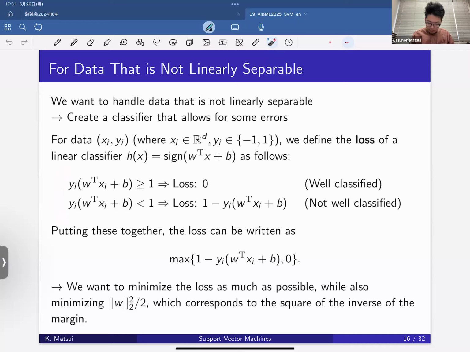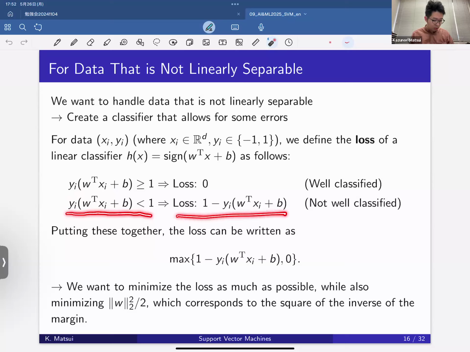When yi times (w xi plus b) is greater than or equal to 1, it separates well, so the loss is 0, meaning it classifies well. When yi times (w xi plus b) is less than 1, the loss is defined like this.